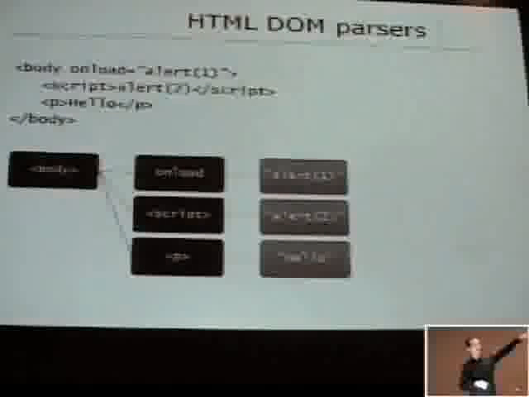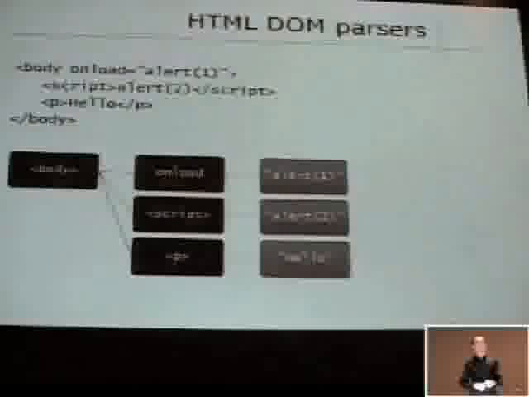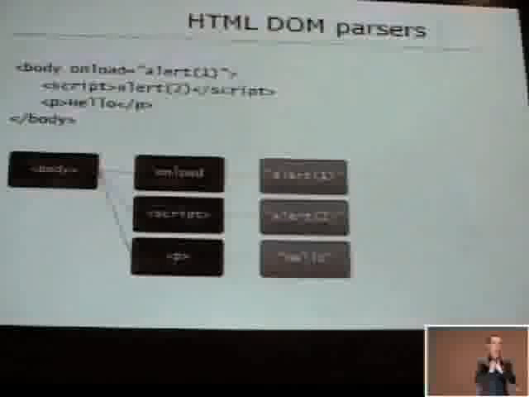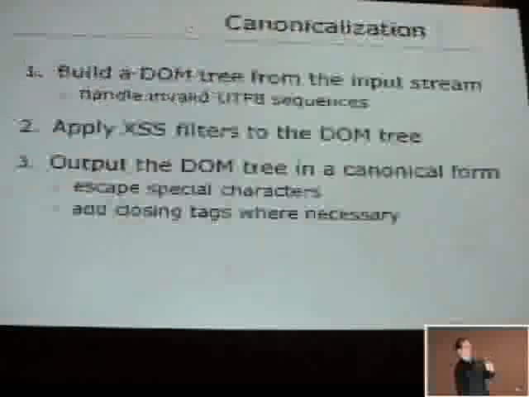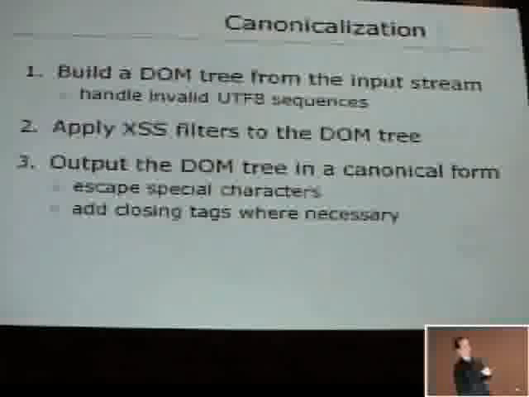So, for example, when we parse this, the filter will build this tree representation with a body tag that has an onload attribute with an alert string for its value, and then you have a script tag and a p tag. This allows you to very clearly distinguish between what is a tag, what is an attribute name, and what is a value.